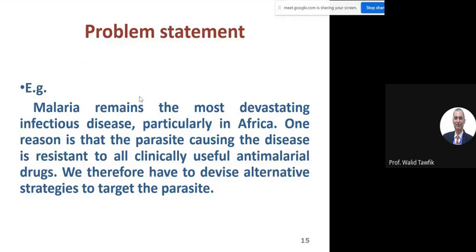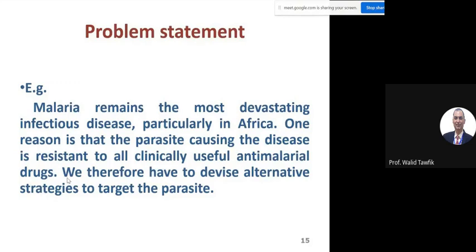Problem statement. In the problem statement, you will state what is the problem you will manage and how you manage this problem. For example, malaria remains the infectious disease of concern in Africa. One reason for that is the resistance to all clinically useful anti-malaria drugs.